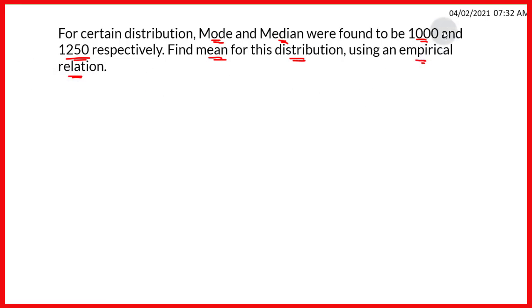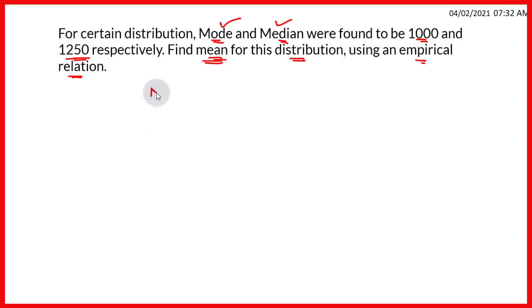Friends, it is given that the mode of the certain distribution is 1000 and the median is 1250. It means mode is given to you and median is given to you, and you are being asked to find the mean using the empirical relation. So you know what the empirical relation is, you have studied it, and we are just revising the topic.